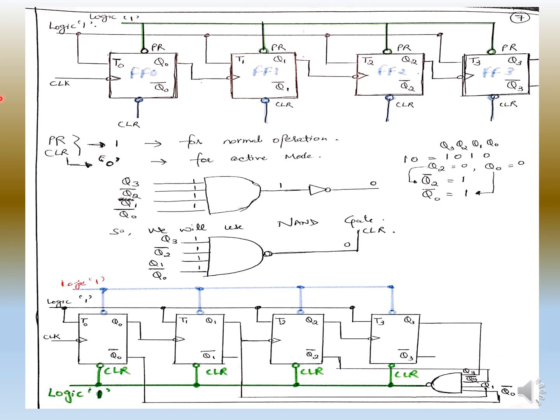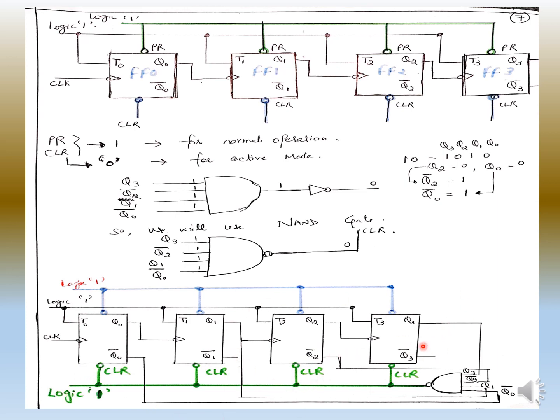You have to show everything like this. Now we have to show how this counter is going to count the 10 states. This is the full circuit diagram, the full design of the counter which will count the 10 states.